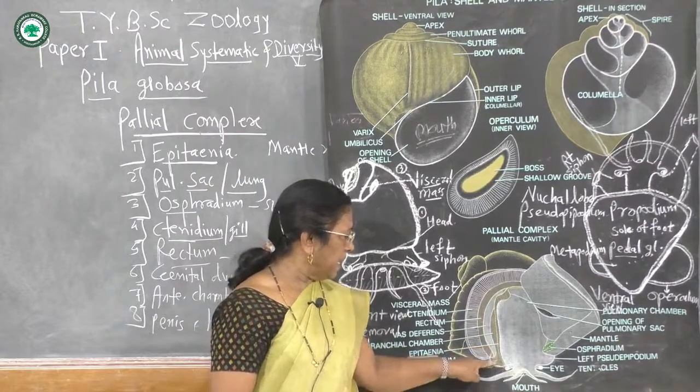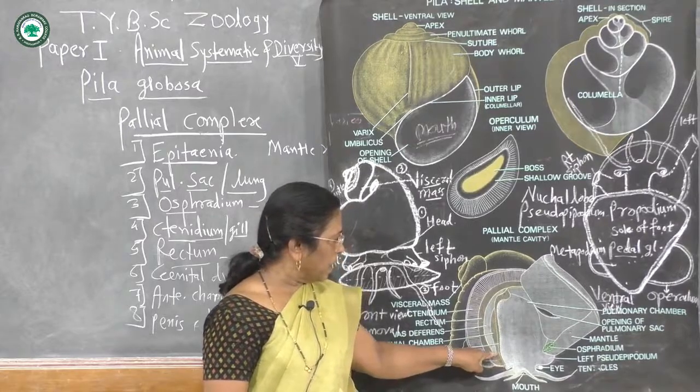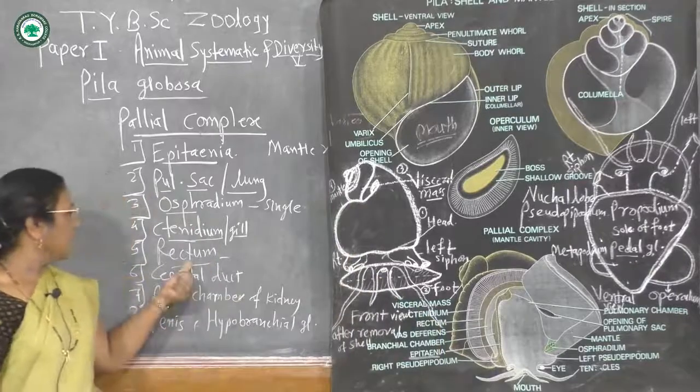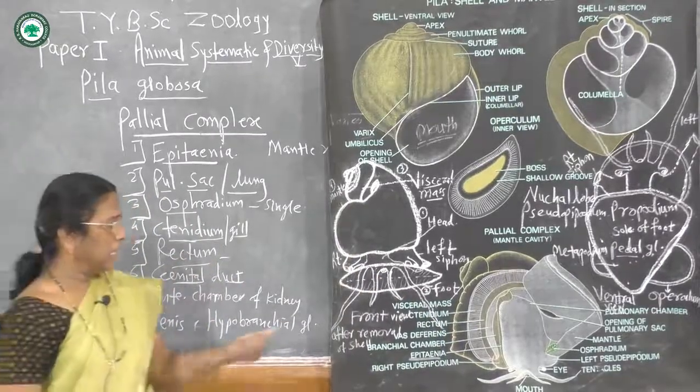Behind the right nuchal lobe, it opens with the help of the anus. That aperture is called the anus. This is the rectum.